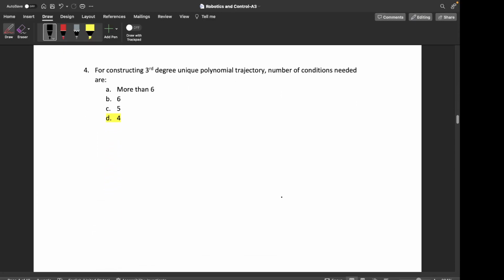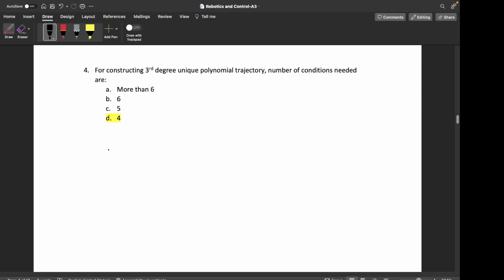Yeah, so this is a straightforward question. You know that we use cubic polynomials for defining trajectories of manipulators, and to parameterize those trajectories we give some boundary conditions, right?